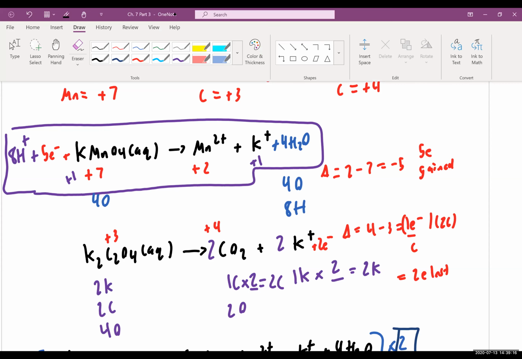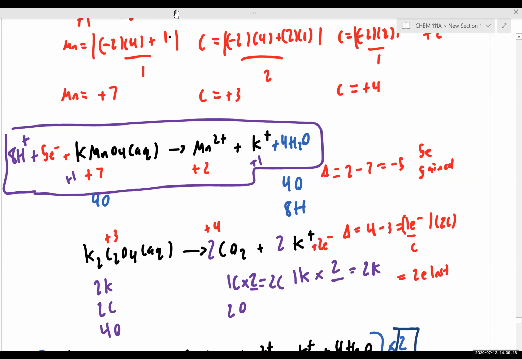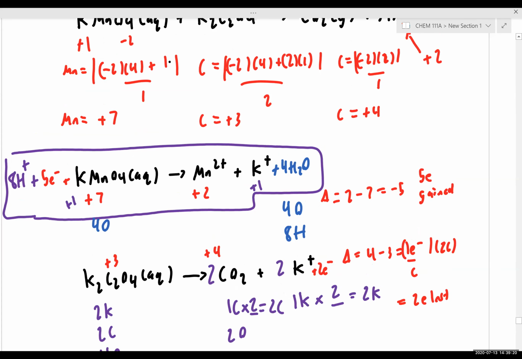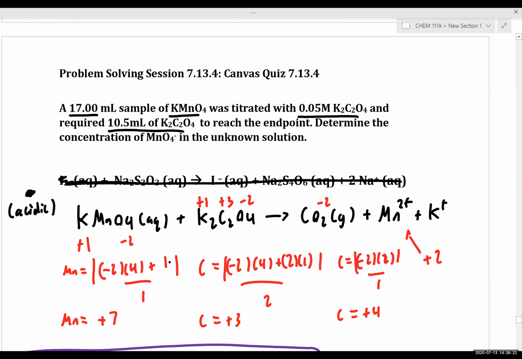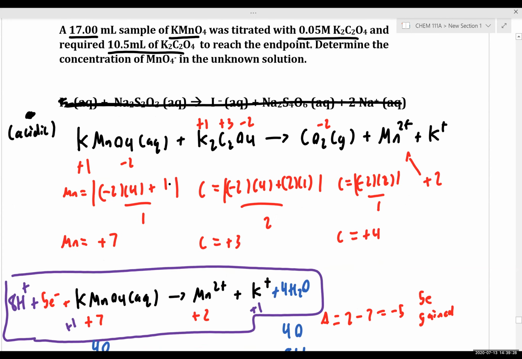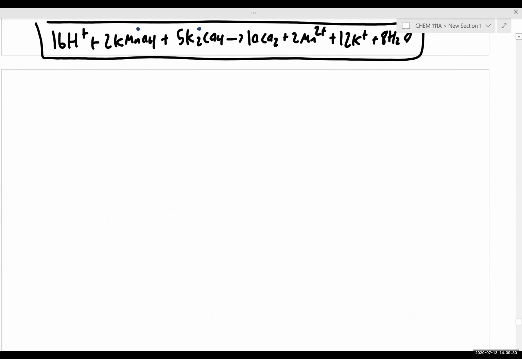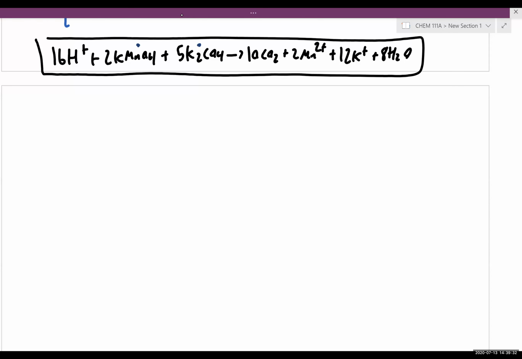Okay, so now what we're going to do is write down all of the information that we have from our titration. We have our equation. So I'm going to rewrite my equation.